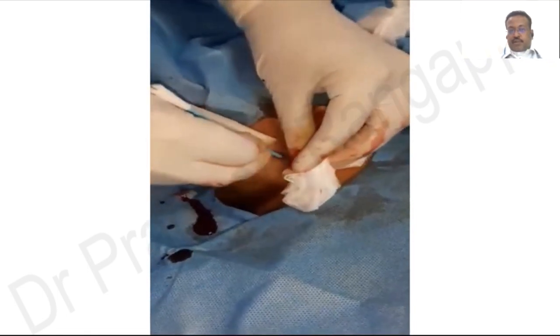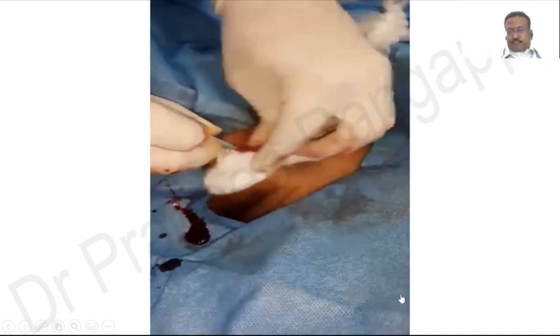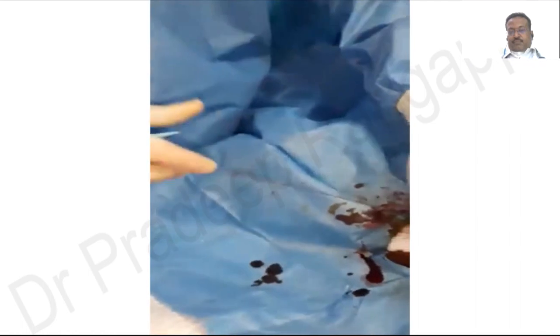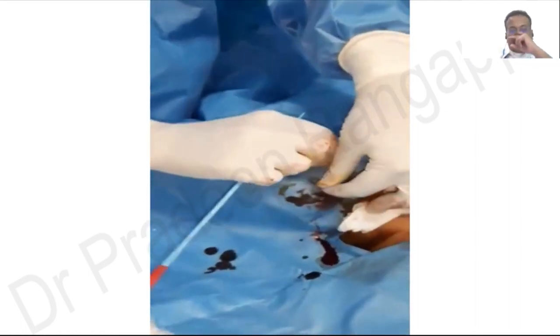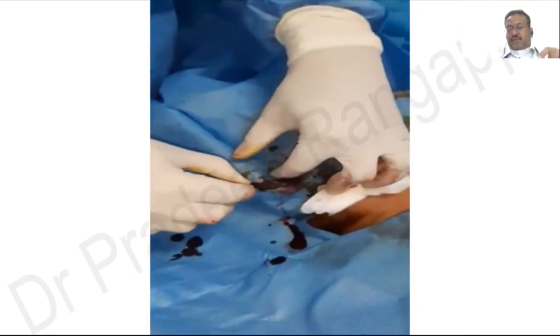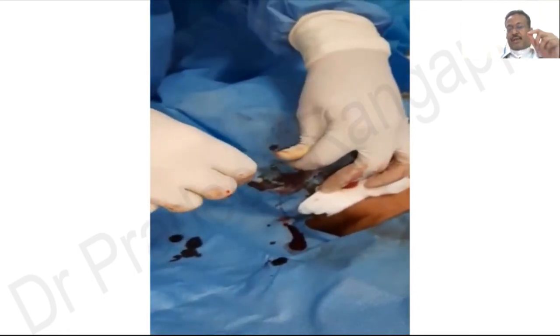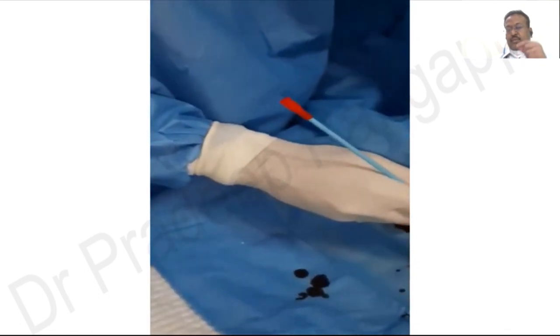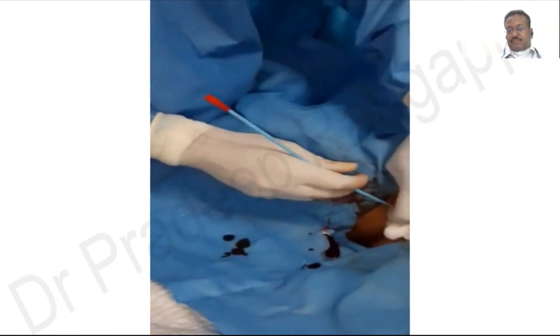Okay, you see it has gone in nicely. Then you'll see this is a bigger dilator. First, it will be a small dilator that will be taken to create a passage. After that, there'll be a bigger dilator. There'll be at least 2 to 3 size dilators that will be given. So you would be sequentially dilating with the bigger dilator.